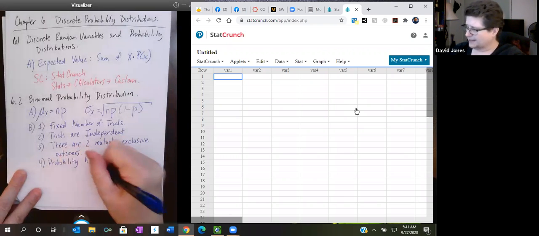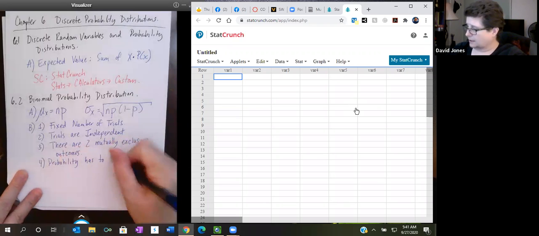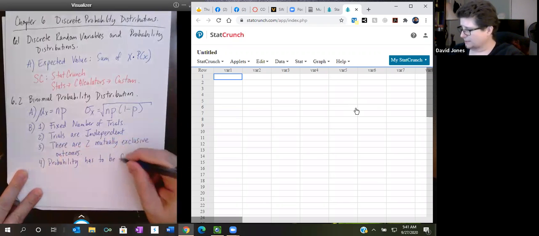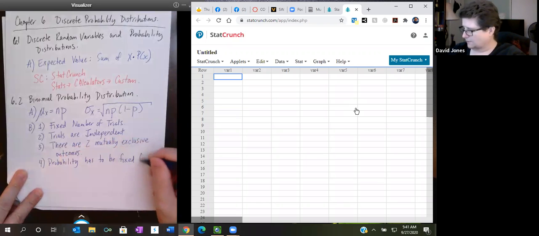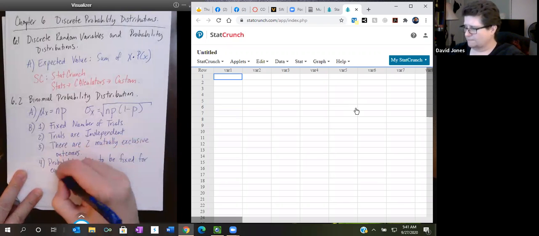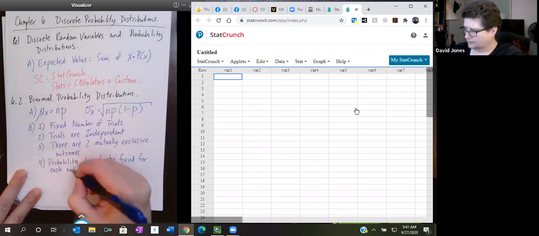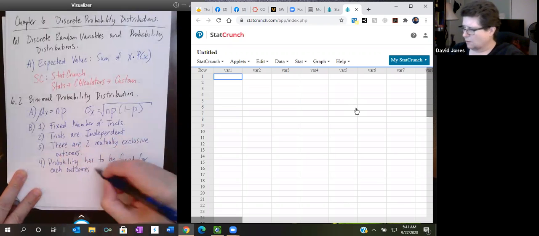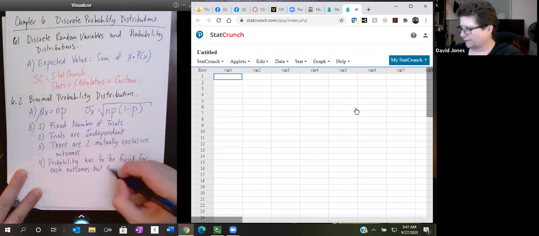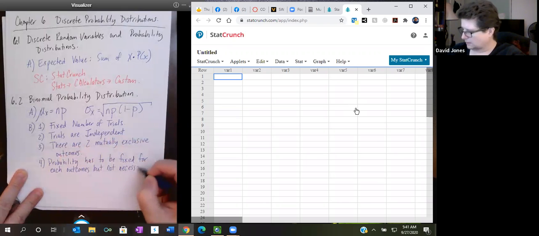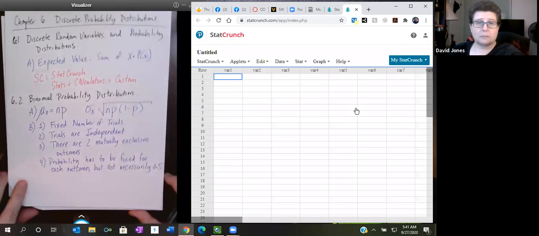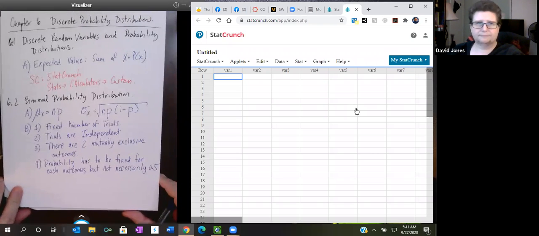Probability has to be fixed for any given outcome. For each outcome, there's 2 of them, but not necessarily 0.5 each.